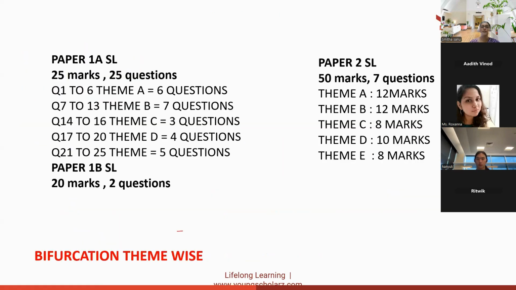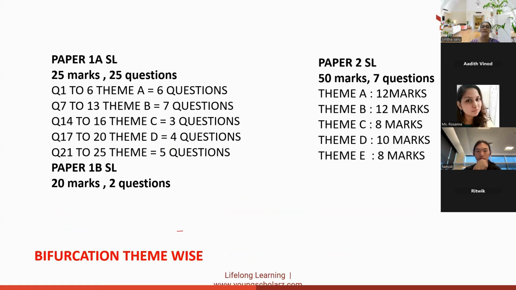Now let's come to the weightage for SL students. If you are an SL student, you can note this down. For the first 25 MCQ questions, the bifurcation was like this. It's just one paper that I have got, so it's not that we have an average or anything.